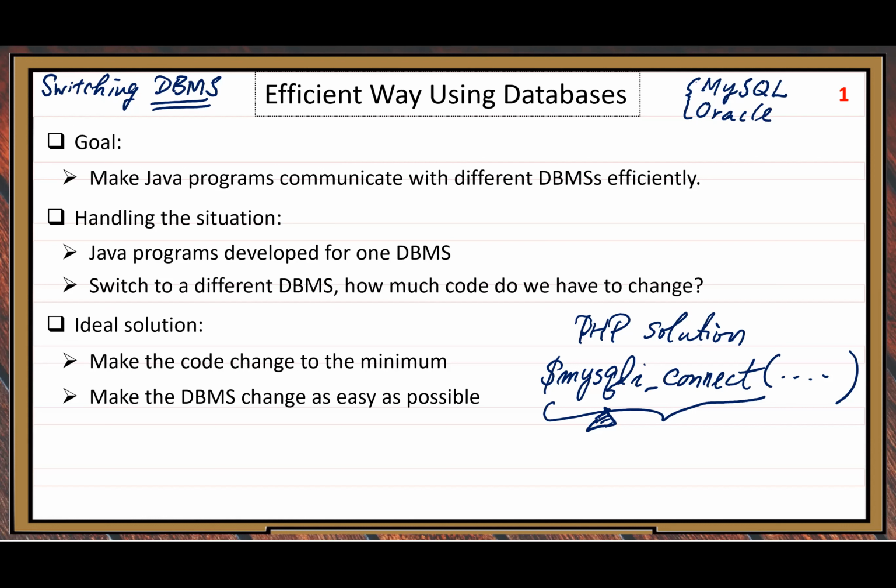Even for future DBMS you do not know, you can still use one stable solution that never changes. They found that solution and it works really well. That's the JDBC technology.